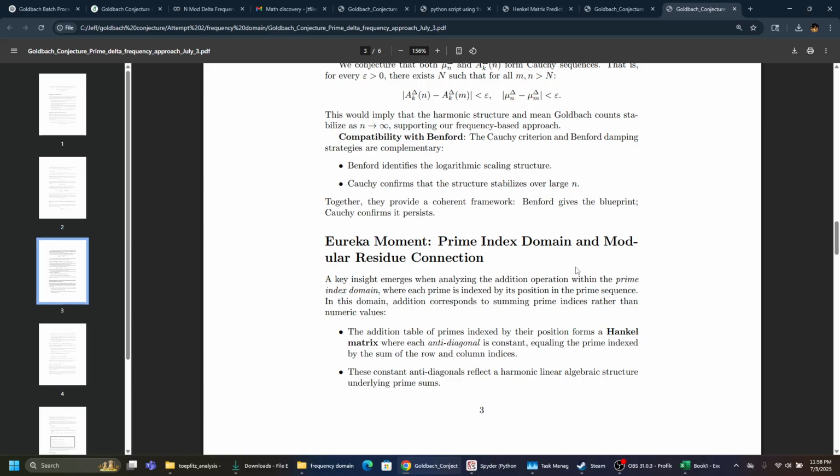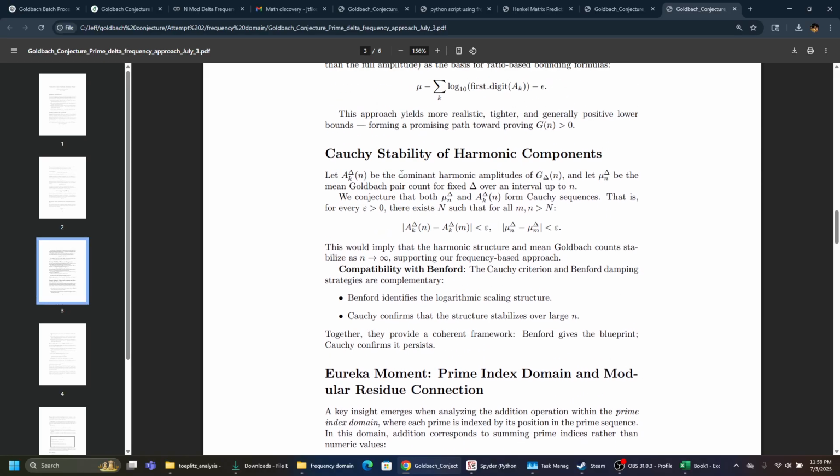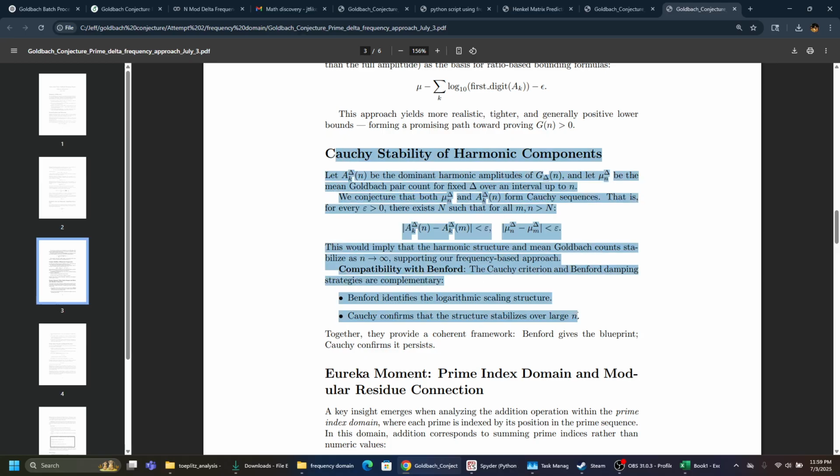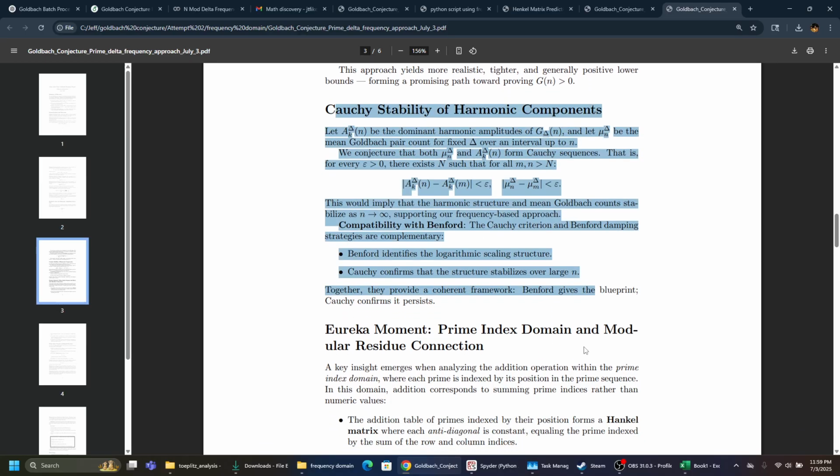The prime numbers don't matter. We use the prime numbers to come up with the frequency, but now that we have the frequency, it repeats forever. Or at least that's what we have to prove here. By using the stability, if we prove that the frequency repeats forever, you don't need to know what the prime numbers are to know that the Goldbach conjecture is proven.